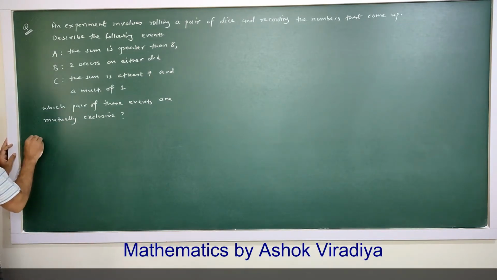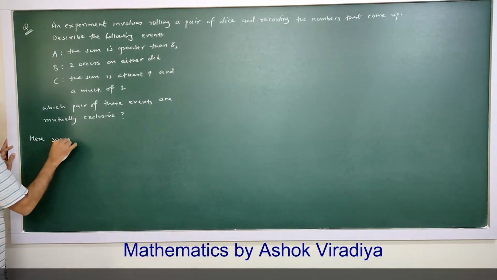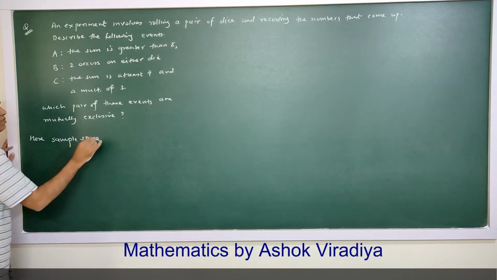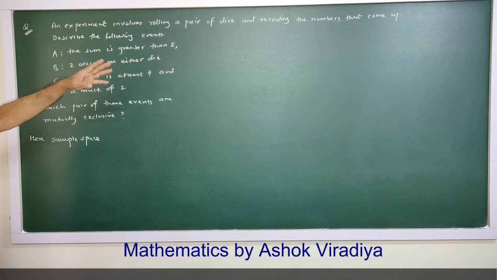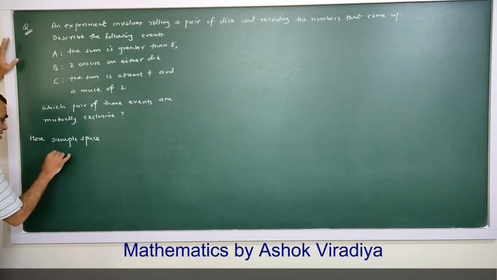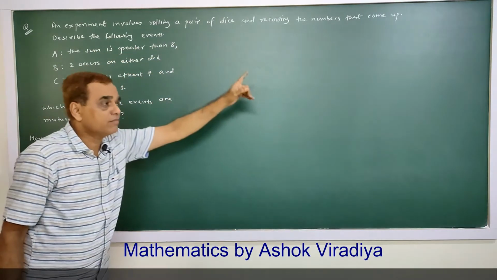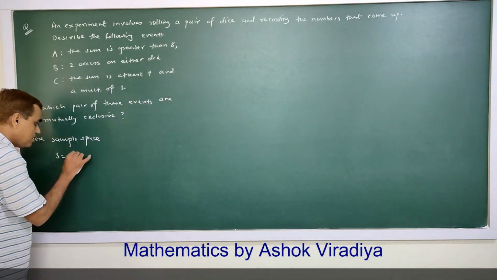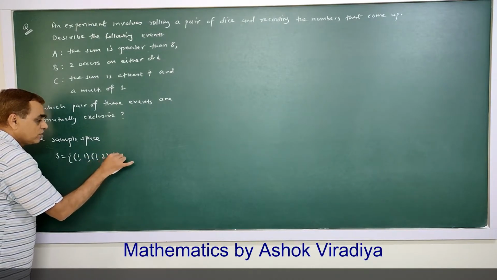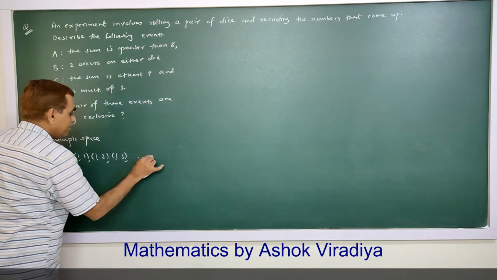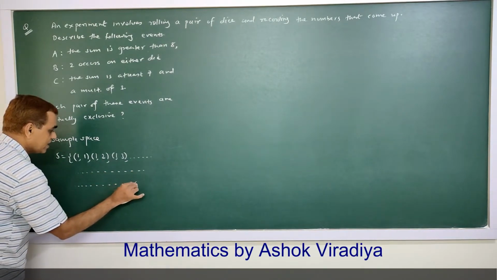So here, first of all, the sample space associated with the experiment of rolling a pair of dice and recording the numbers that come up is S, which is the set of ordered pairs 1 1, 1 2, 1 3, up to 6 6.